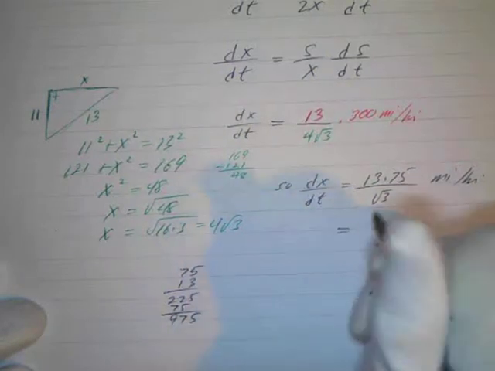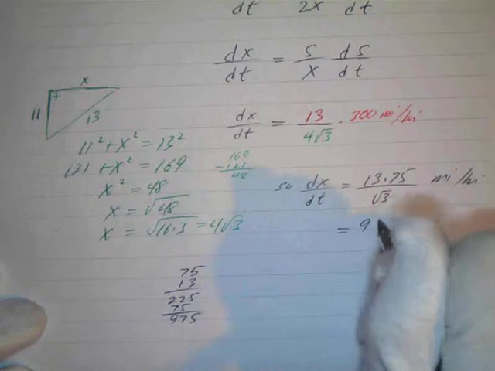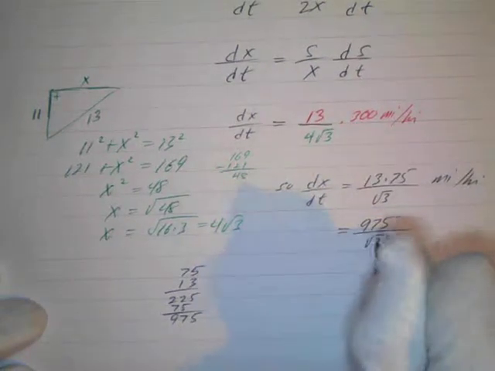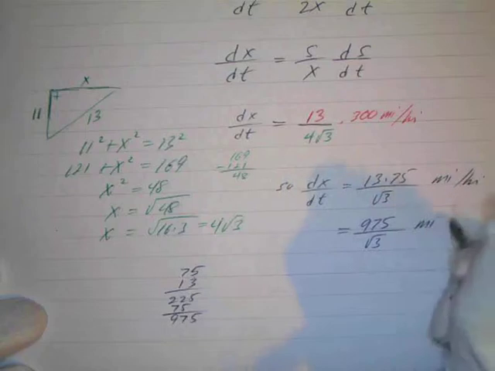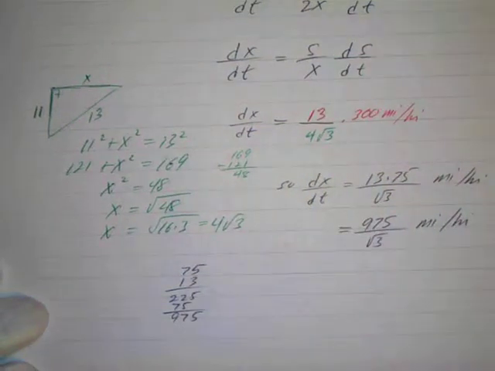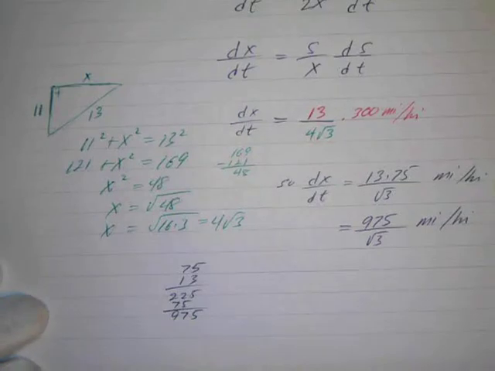We can leave it in radical form, so you can write it as 975 all over the square root of 3, and that would be miles per hour. You can rationalize if you want, but we should be okay.